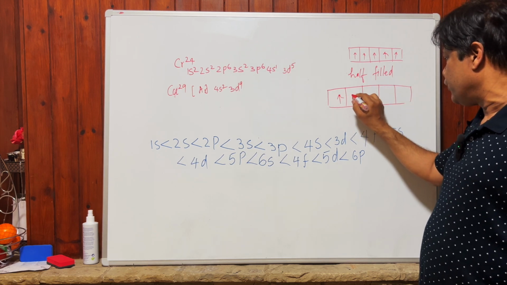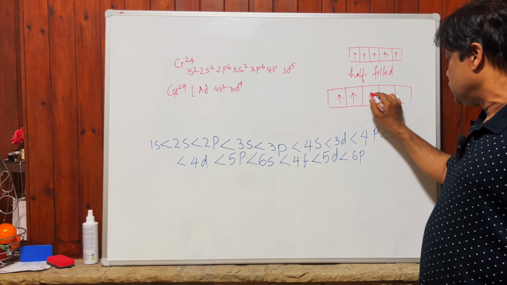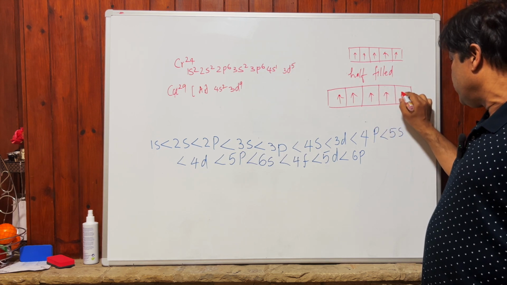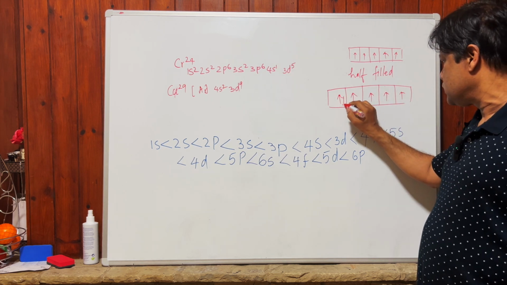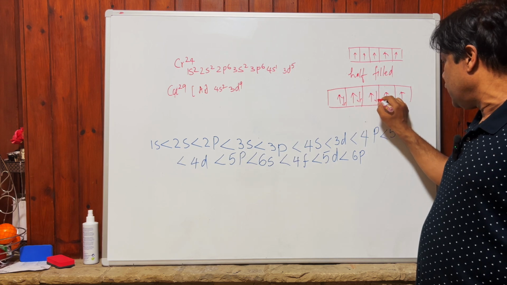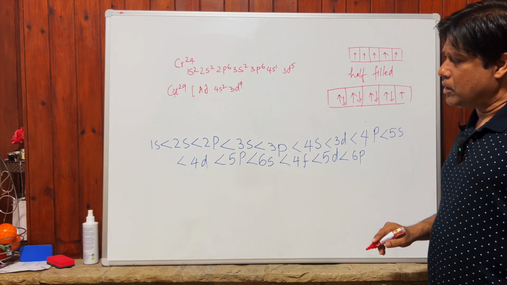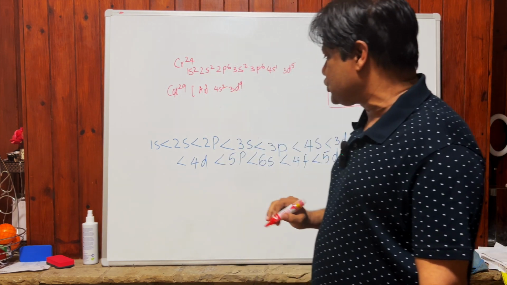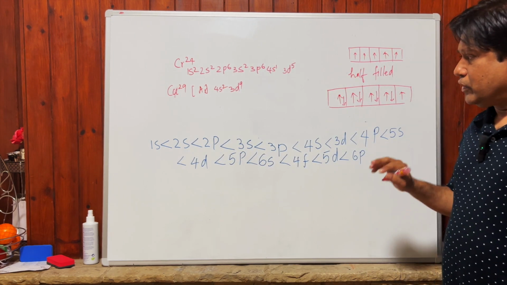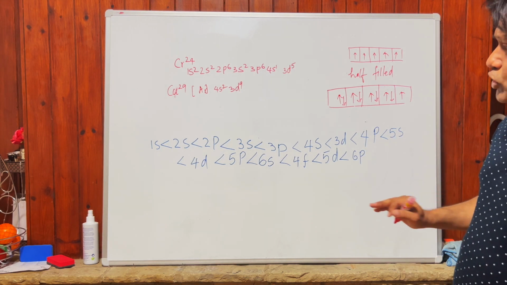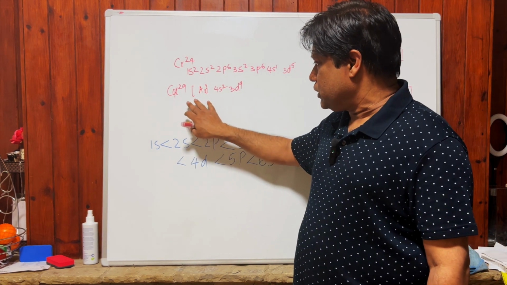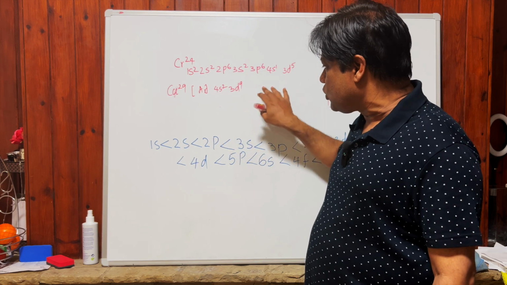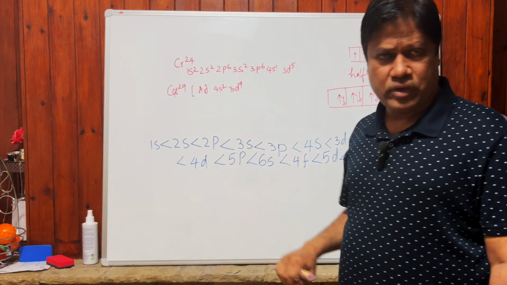And one electron first: 1, 2, 3, 4, 5, 6, 7, 8, 9. But when you write this configuration, it will not give stability to copper.